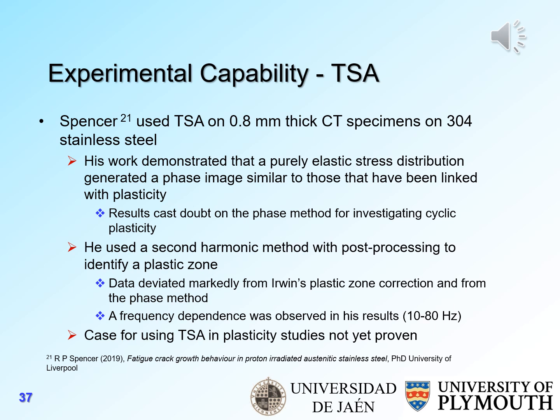He therefore used a second harmonic method with post-processing to identify a plastic zone. But it's interesting that the data deviated markedly from Irwin's plastic zone correction and from the phase method, and a frequency dependence was observed in his results over the range of 10 to 80 Hz. So the case for using TSA in plasticity studies is not yet proven.